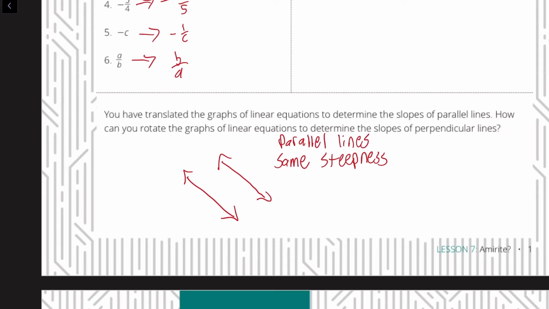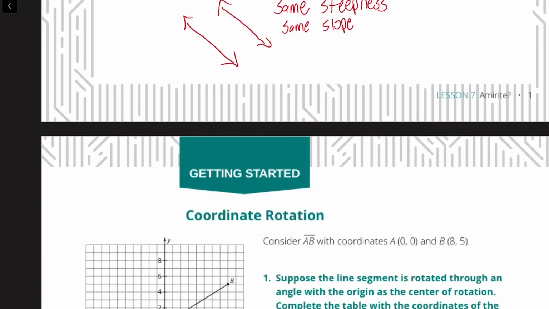So parallel lines have the same angles, which means they're at the same steepness, which also leads to the conclusion that they have the same slope. So anytime you're doing something with parallel lines, you're going to keep the slope the same for those two lines.